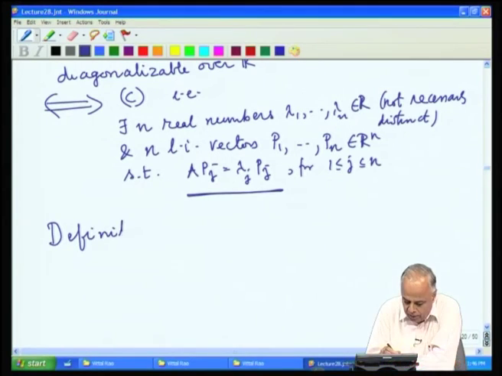In other words, the direction remains invariant under A. So, p 1, p 2, p n tell us n directions which remain unchanged when acted upon by A. They remain the same direction, but the vectors may change in their length. The magnitude or the scaling factor lambda j may come into the picture. So, we are looking for vectors which are invariant in direction under the action of A. This leads us to the notion of the eigenvalues and eigenvectors.